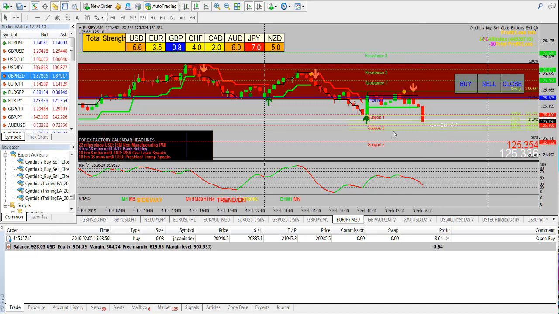You can see that the Fibonacci support and resistance is synchronized between the different time frames. So it doesn't matter what time frame you're looking at, you're going to have the same values between the Fibonacci support and resistance lines. So at the very best, you could have a 20 pip trade out of this if you decided to place your trade.